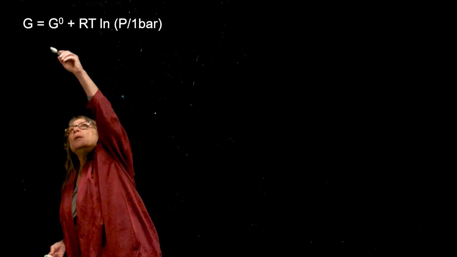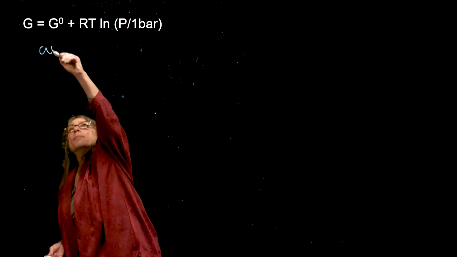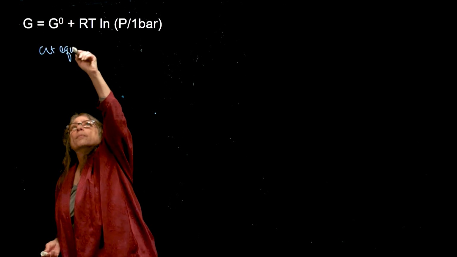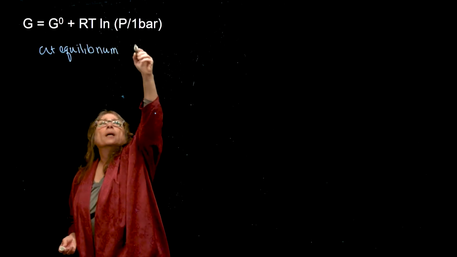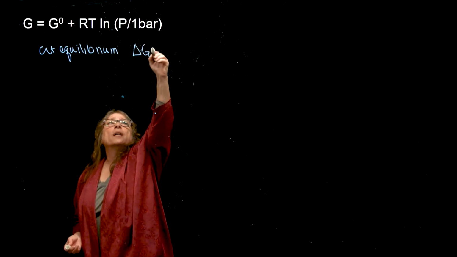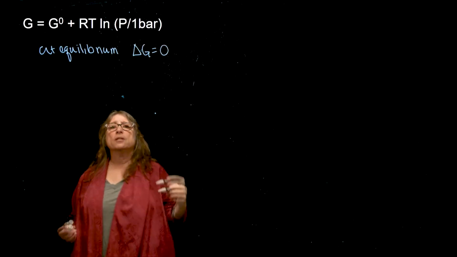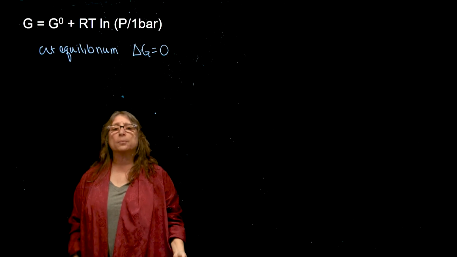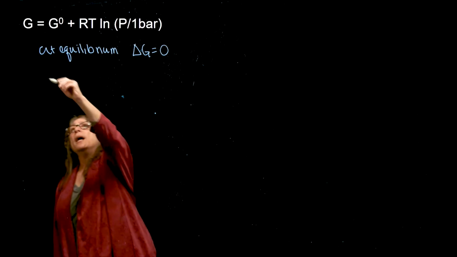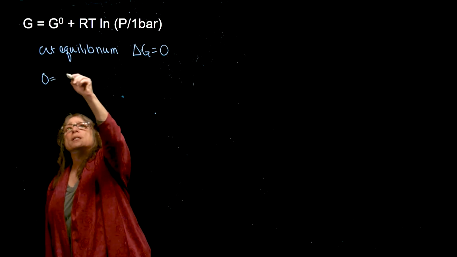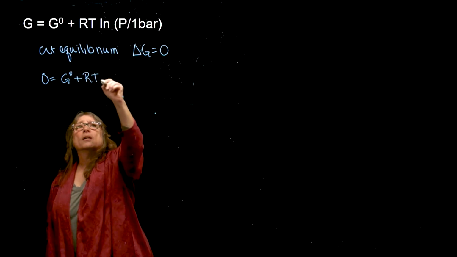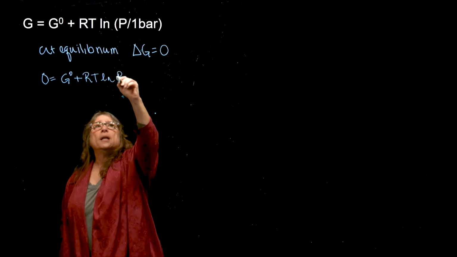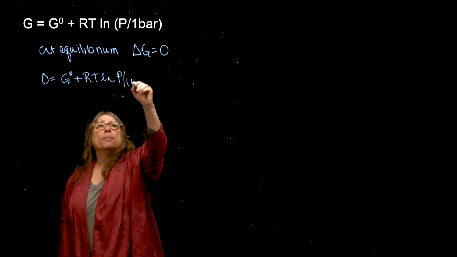And so at equilibrium, the change in the Gibbs energy is equal to 0. That's what equilibrium means. And so 0 is equal to G naught plus RT log P divided by 1 bar.